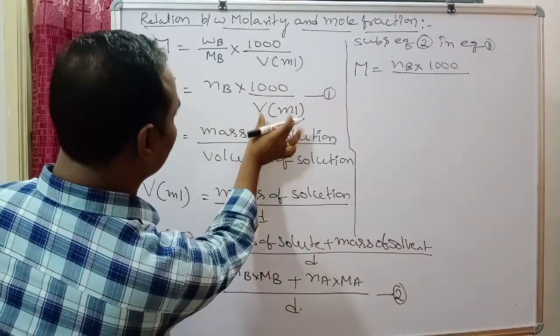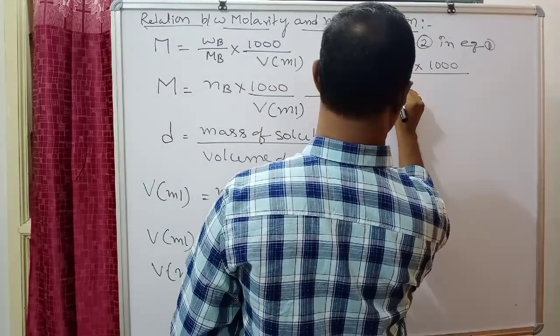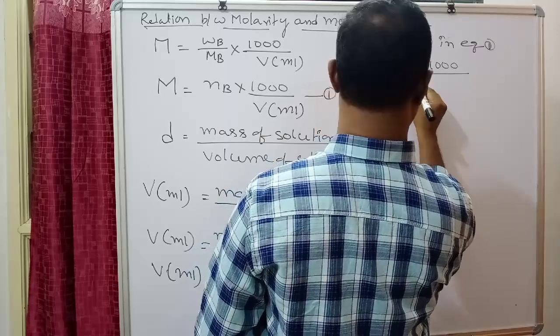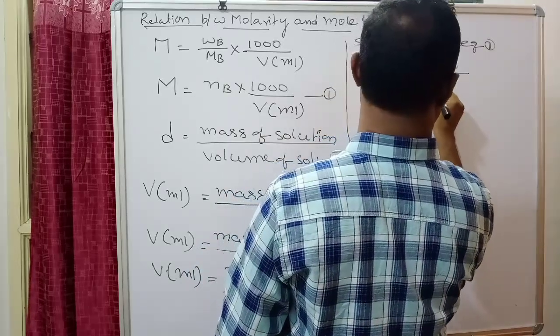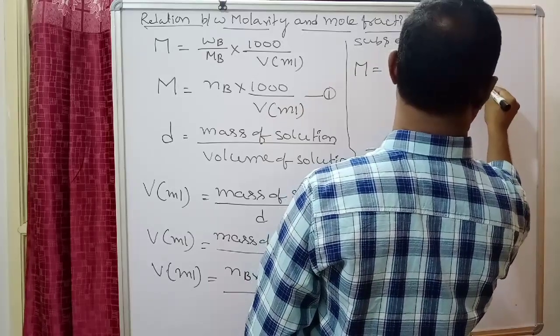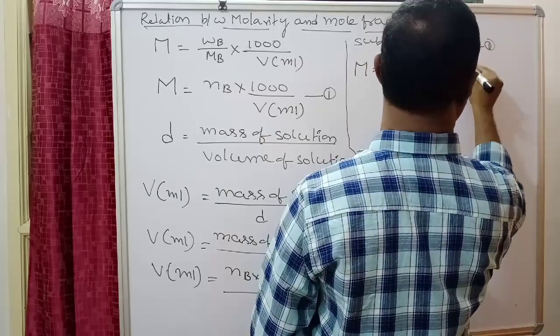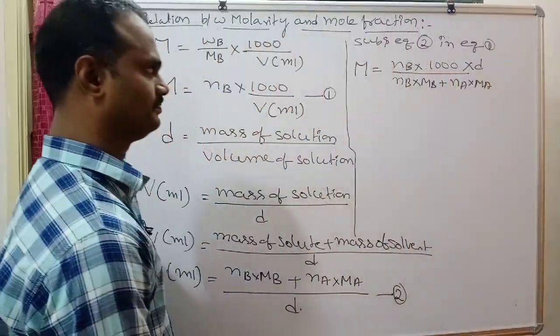Instead of this part V mL, you write this one. What we are getting here? NB into MB plus NA into MA whole by density. Therefore, it comes to here into density.